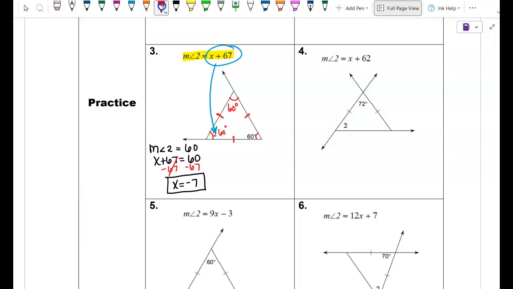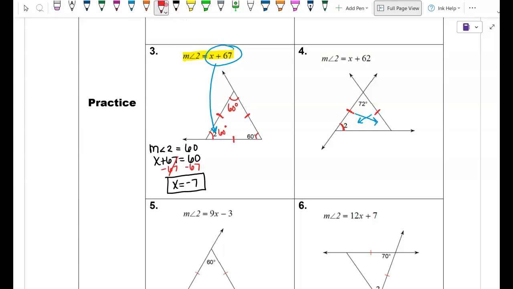Number 4, looking at the markings that they have here, is this an isosceles triangle or an equilateral triangle? Isosceles. 2 of the sides are marked. And since it's isosceles, we know that the angles opposite those sides have to be congruent.